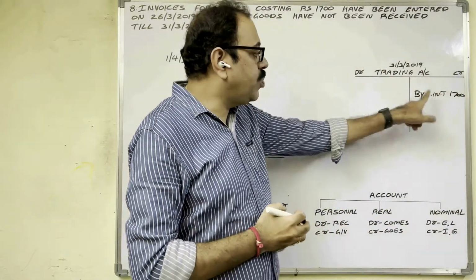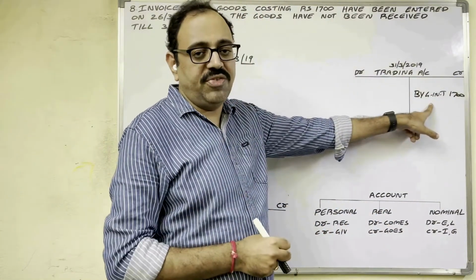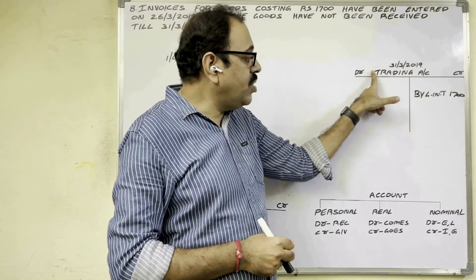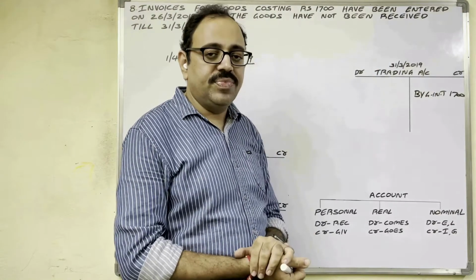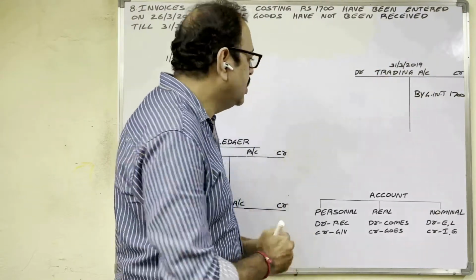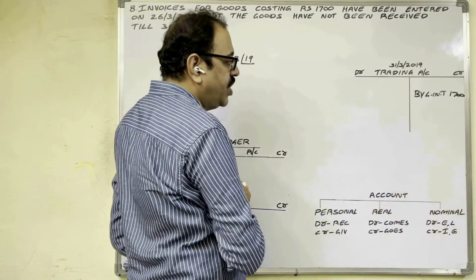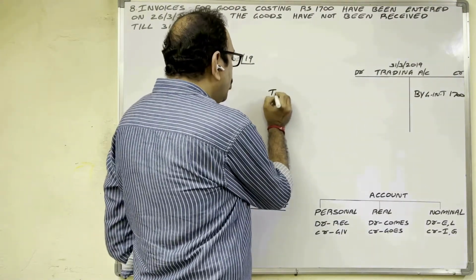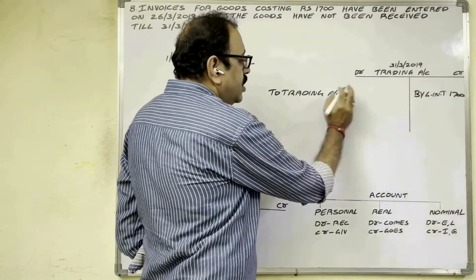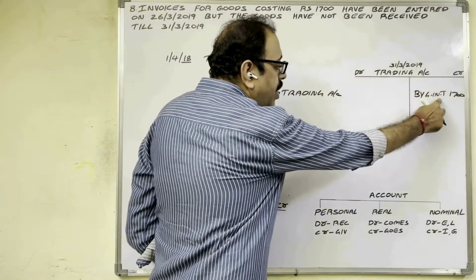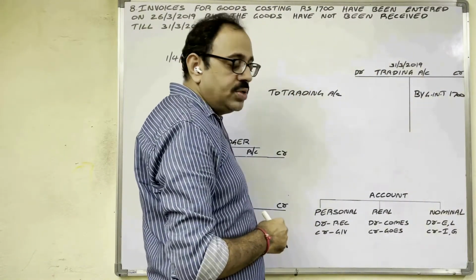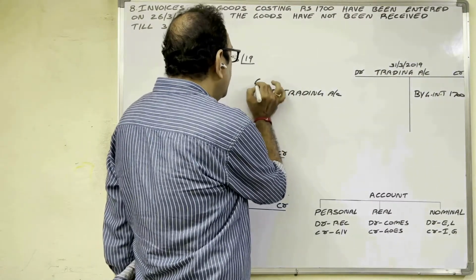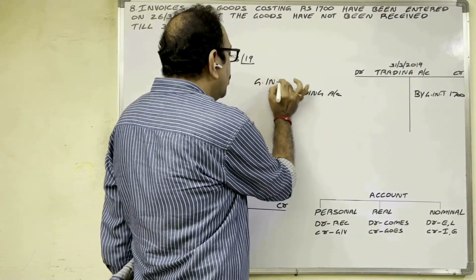So based on this posting, let us frame the journal entry. In trading account, I want to post on credit side. If you want to post like that, while writing the rectification of error entry, trading account should be credited. In particulars column, we are writing by goods in transit. So we should debit goods in transit account.